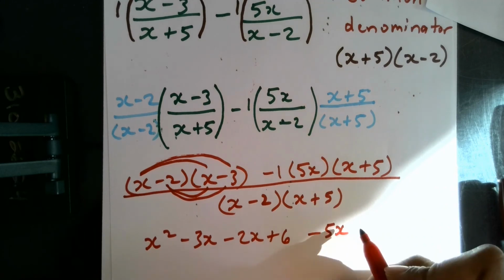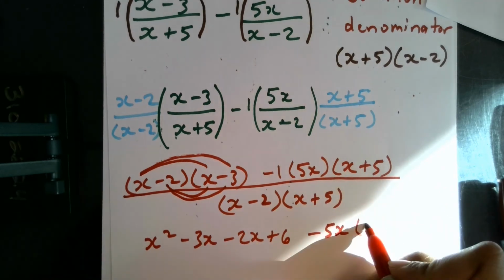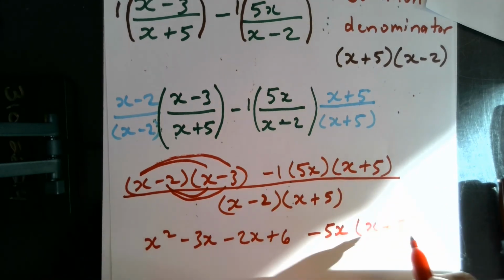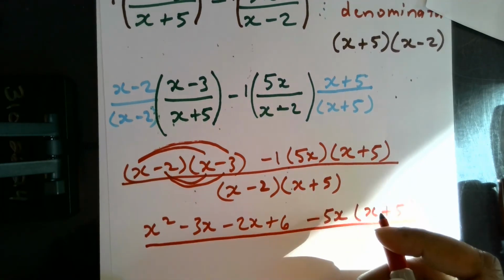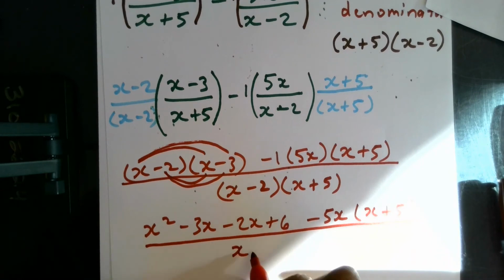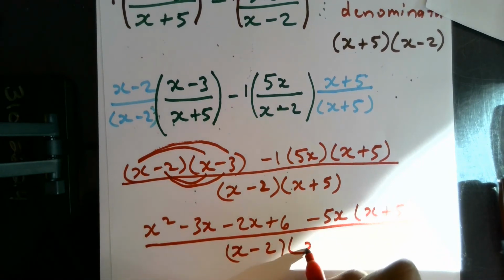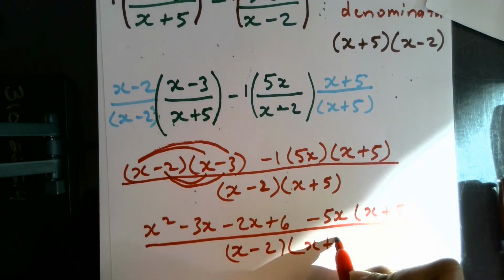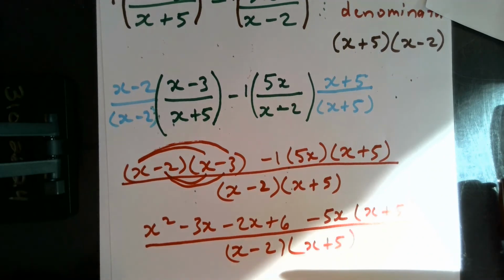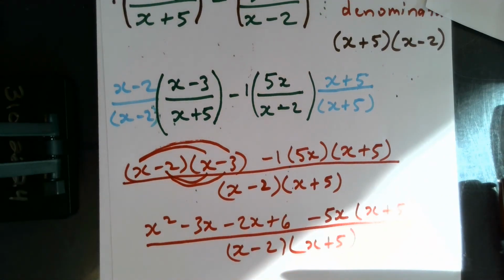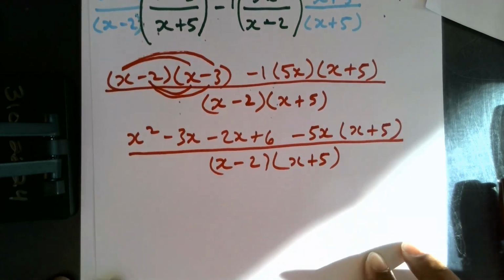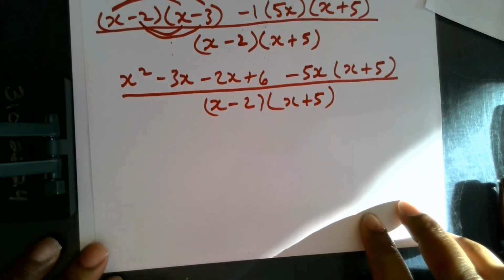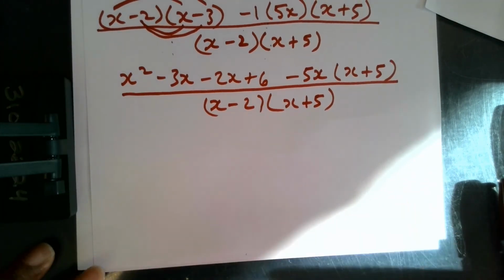We still have our x plus 5, all over x take away 2 times x plus 5. Let me push this up some more. Let's continue working.